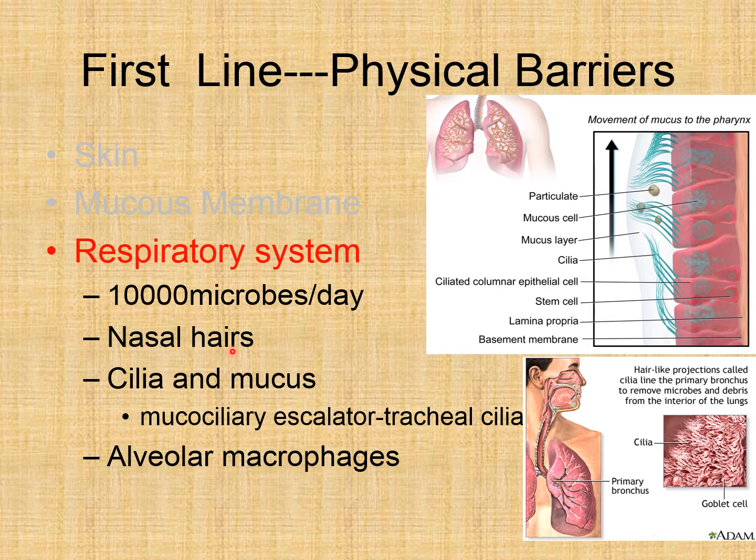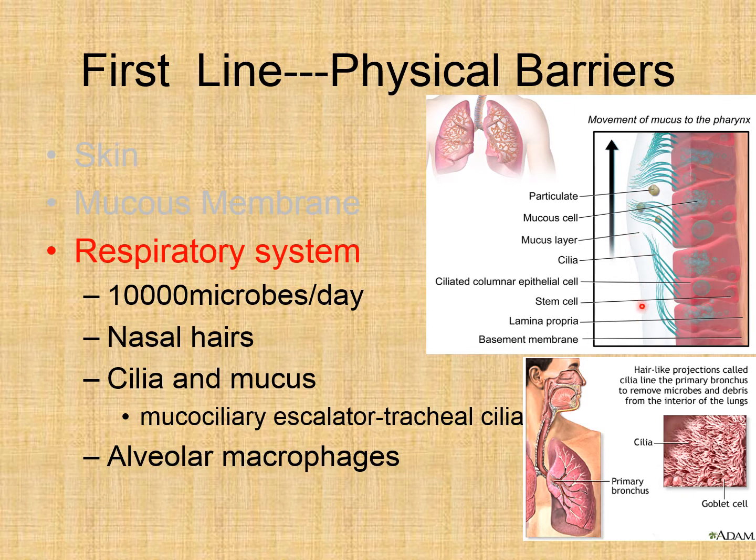And those microbes or dust particles which are able to bypass the nasal hair then enter through the pharynx and the trachea, which is lined by specific hair-like cells called cilia, and these cilia are covered by a layer of mucus.